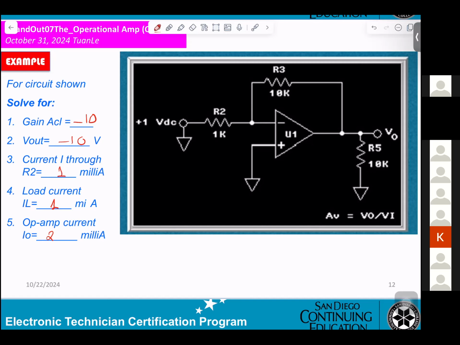Okay, by the way, they call it an inverting amplifier, and they're telling you one thing: if input is positive, output will be negative. That's why it's inverting. If input is negative, output will be positive. And if you apply a sine wave, the input and output will be 180 degrees out of phase, opposite.